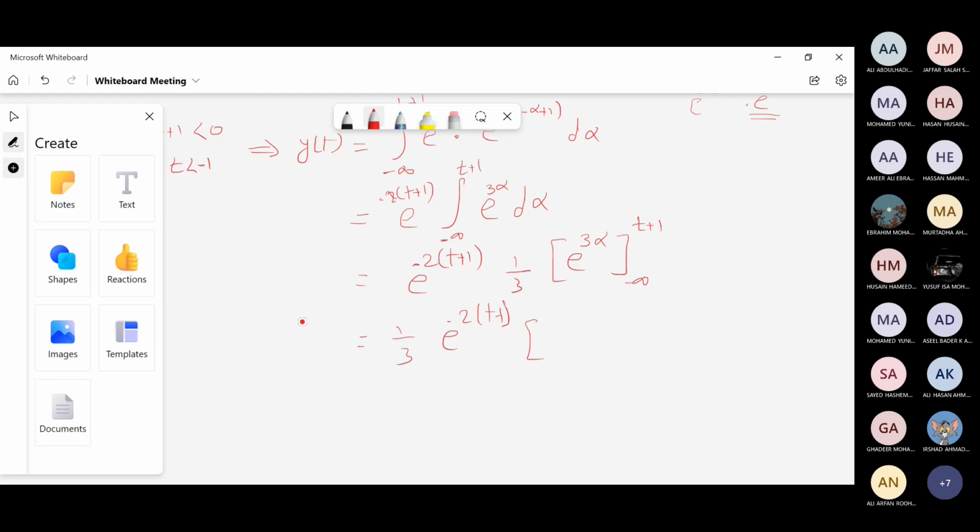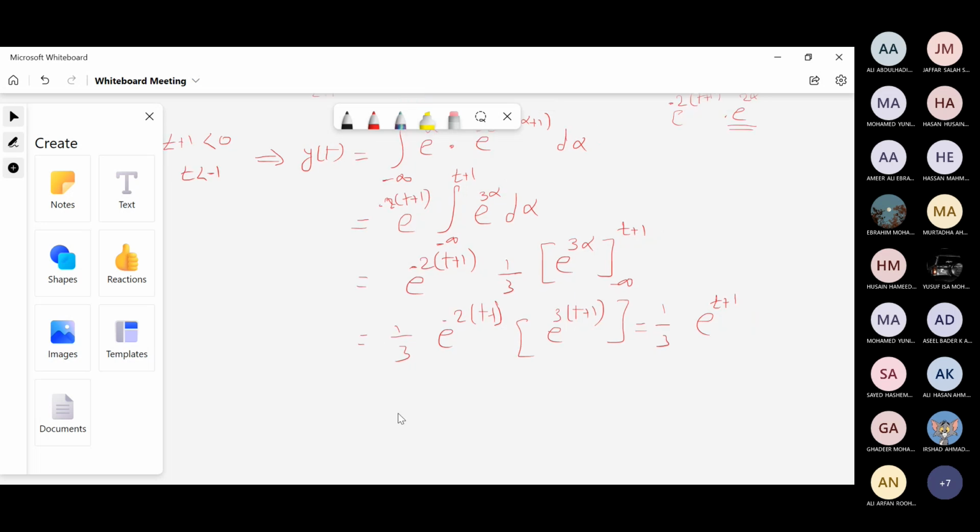At t plus 1 it is equal to e to the power of 3 t plus 1, and at minus infinity this is equal to 0. So it is equal to 1 over 3 e to the power of, this is a 3, this is minus 2, then it becomes plus 1. Okay, this is the first part.